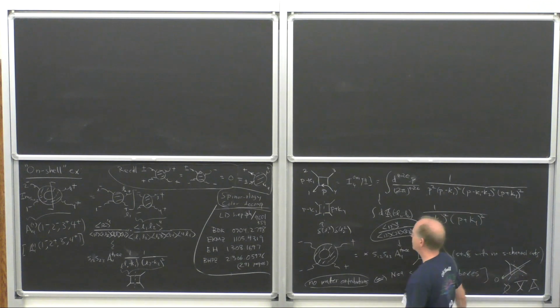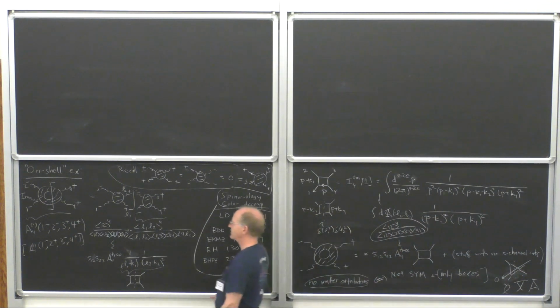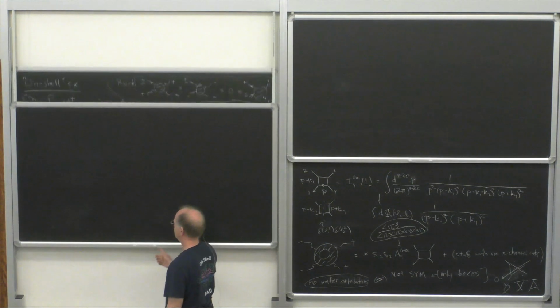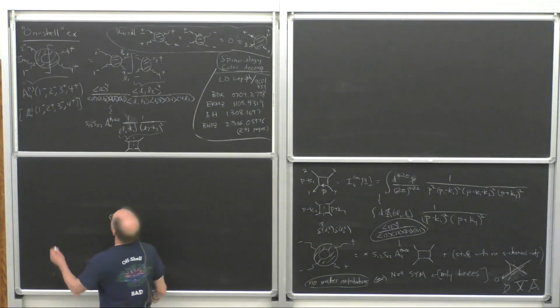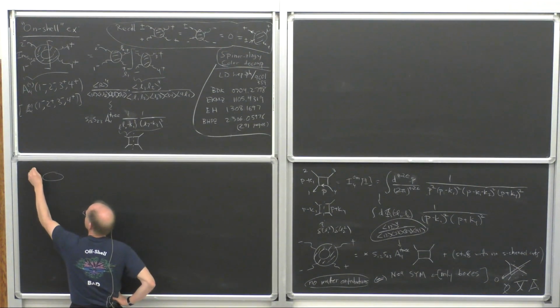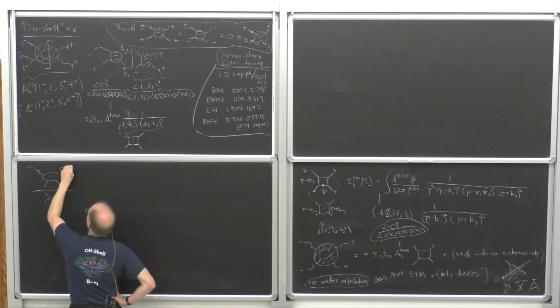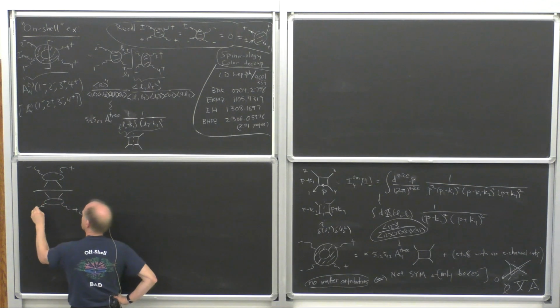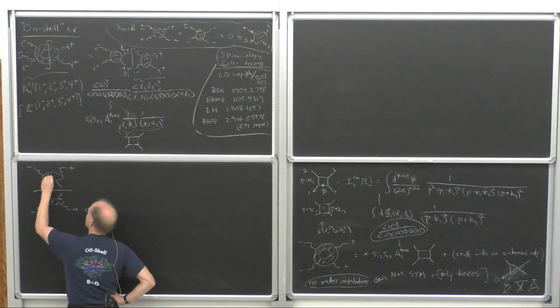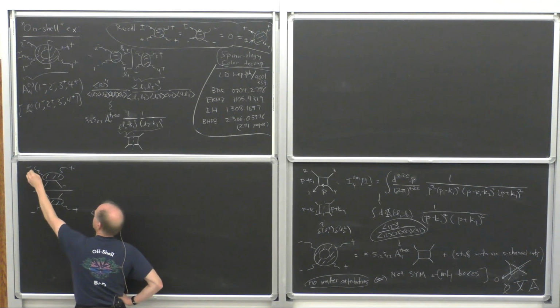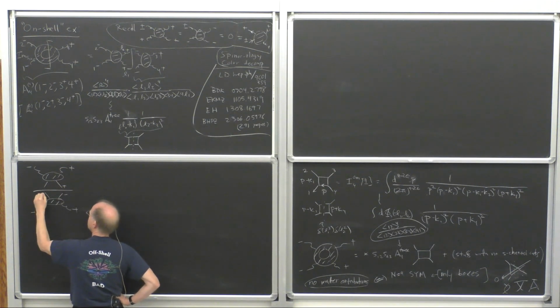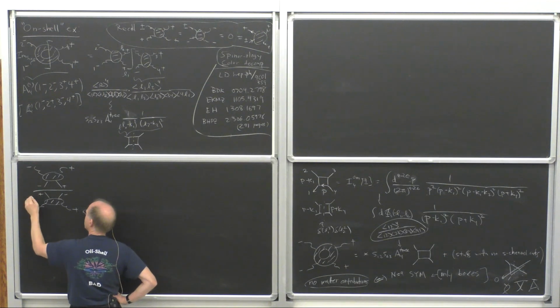So to ascertain whether those are there, you have to go do the cut in the other channel. So you need to go draw something like this. And in this case, because this is minus and this is plus, we're allowed to have a plus here and a minus here and a plus here and a minus here.